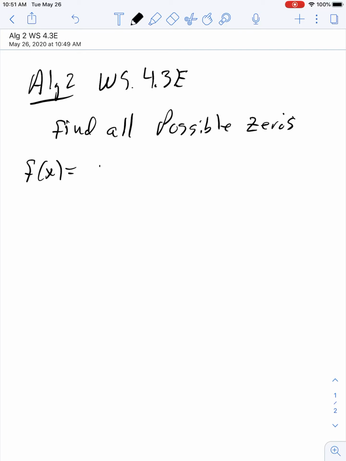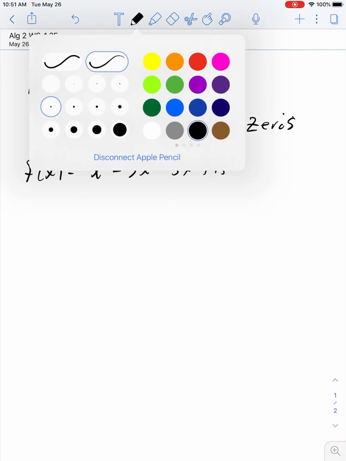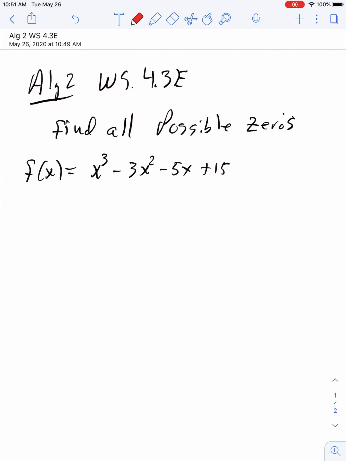Okay, dealing with a function, f of x equals x cubed minus 3x squared minus 5x plus 15. So remember, the fundamental theorem of algebra states that there are 3 zeros that we got to find.